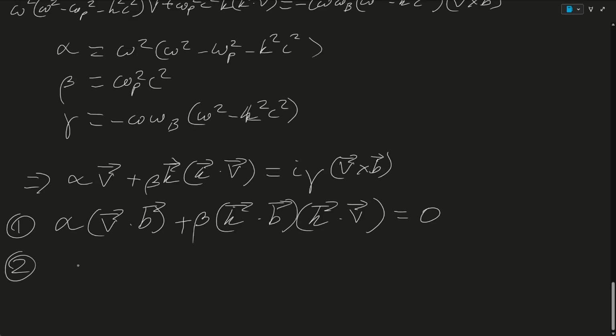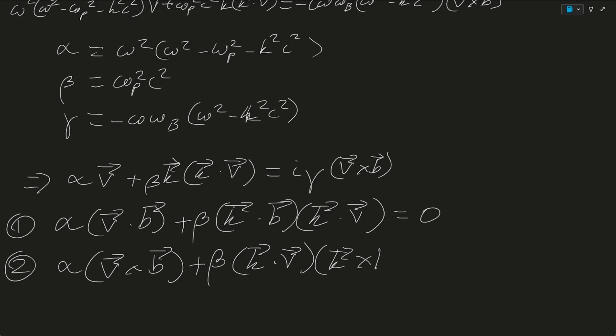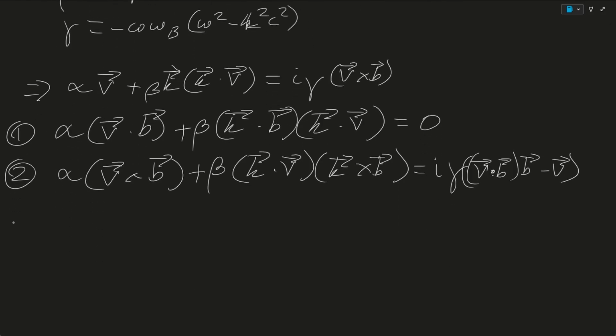It's going to be 2. Cross with B was that alpha V cross B plus beta K dot V K cross B equals I gamma V dot B times B V. Nice, and then 3.